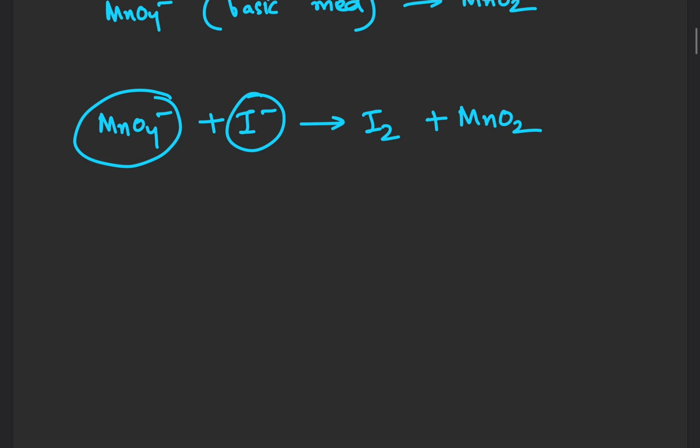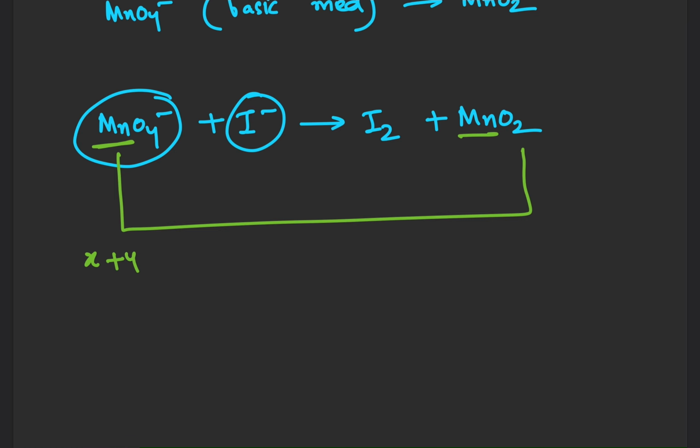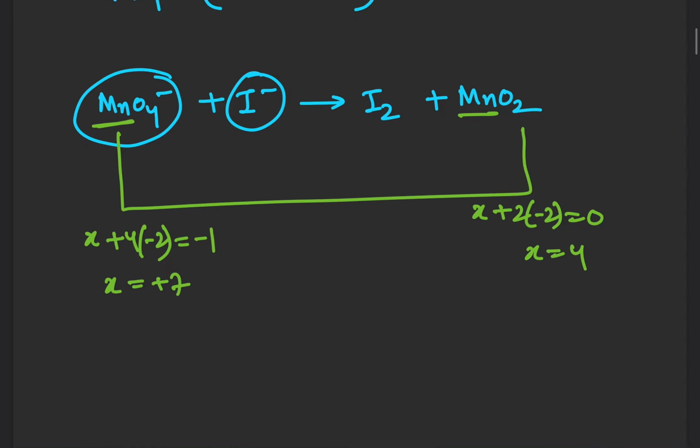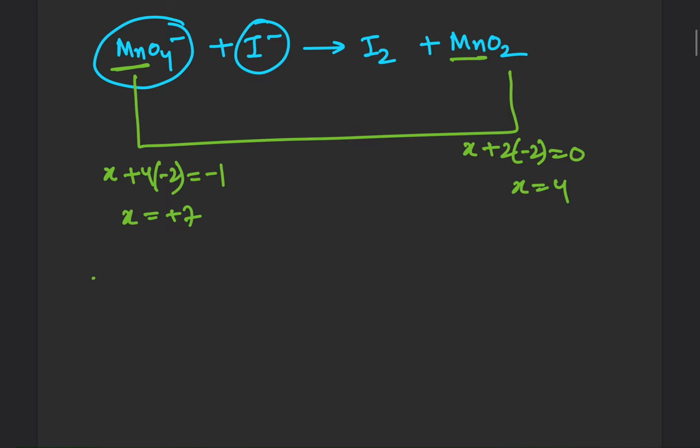For MnO4 minus, which is changing to MnO2, the oxidation state of Mn will be x plus 4 into minus 2 equal to minus 1, so x is going to be plus 7. Here x plus 2 into minus 2 equal to 0, so x is going to be 4. Therefore the n factor will be modulus of final oxidation state 4 minus initial 7, into 1, since one Mn is undergoing change.